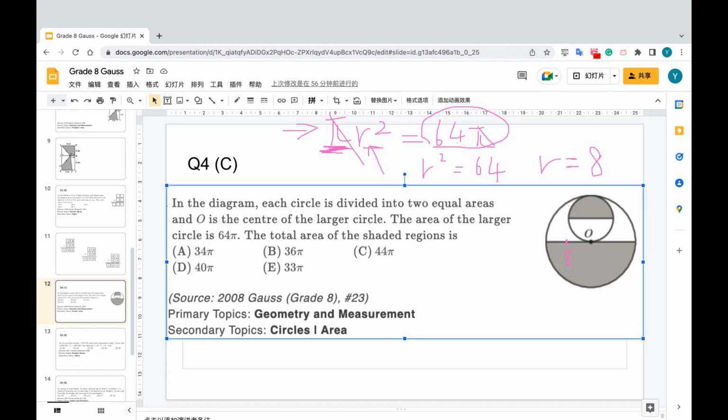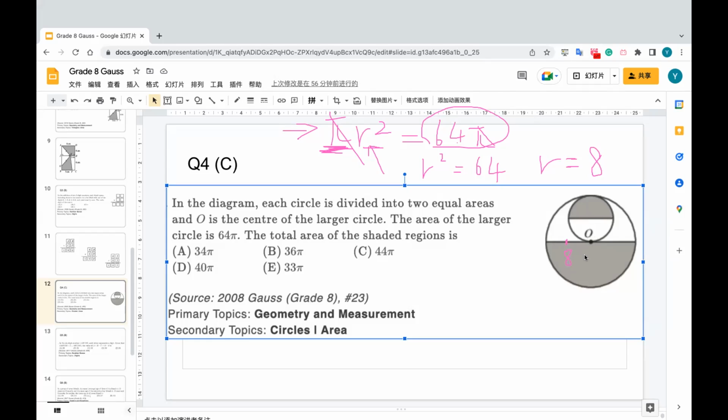You know its diameter is the radius of the bigger one, so you divide by 2 to get the radius of the smaller circle, which is 4. Then pi r squared, pi times 4 squared is 16 pi. Divided by 2 is 8 pi. Plus the 32 before is 40. You pretty much gave the answer, right? Yeah, that's definitely correct.